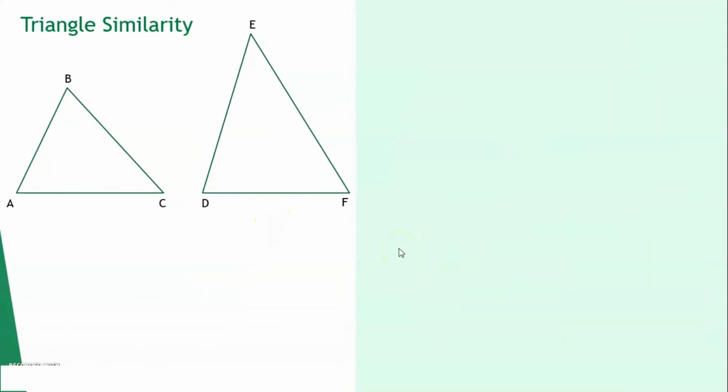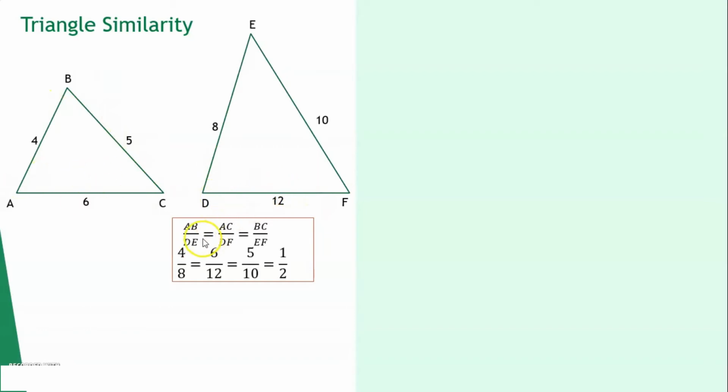Okay, another. Given this, we have here the sides 4, 5, and 6. And for triangle EDF, we have here 8, 10, and 12. In this case, AB over DE is equal to AC over DF is equal to BC over EF.